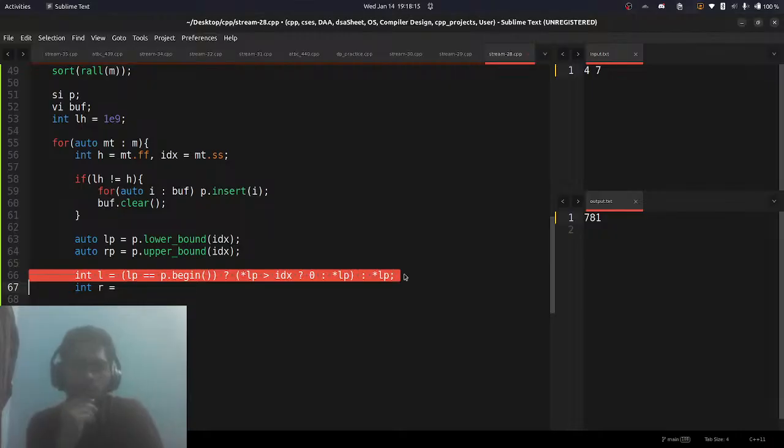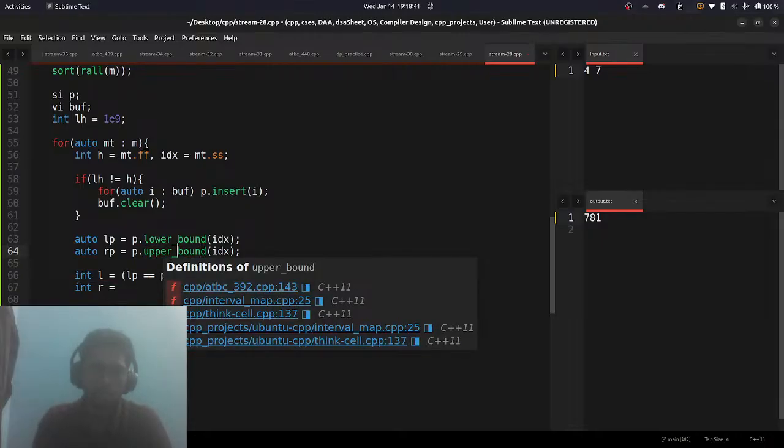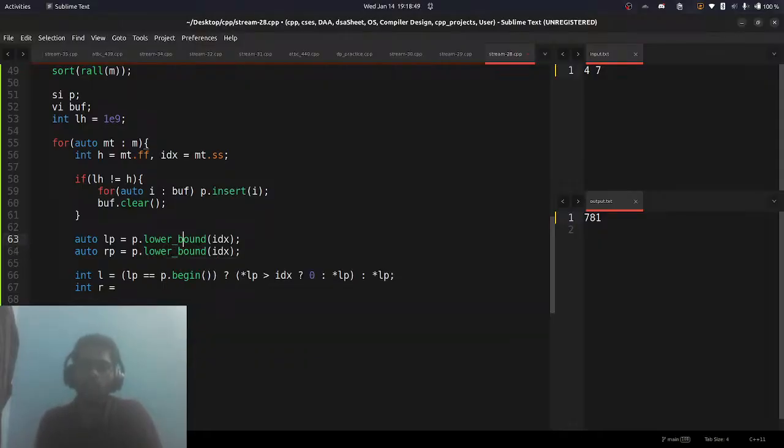If we are doing lower bound, okay, if we are doing a lower bound, this thing can be lower bound because we're not entering the current index into set before its processing, so there is no issue in that.